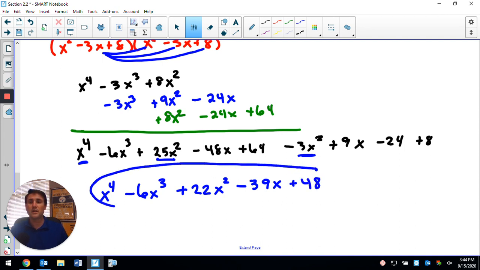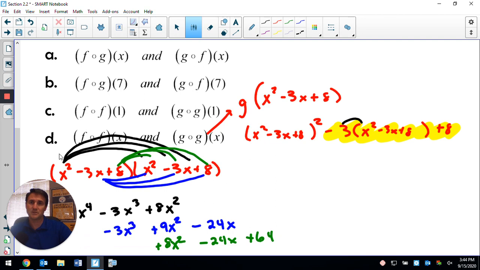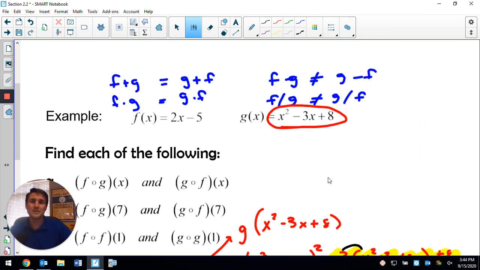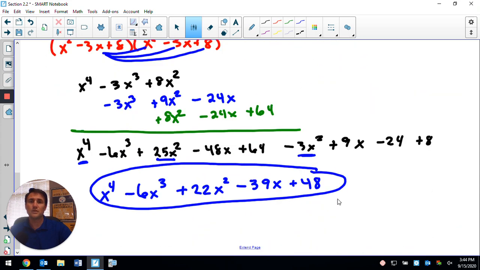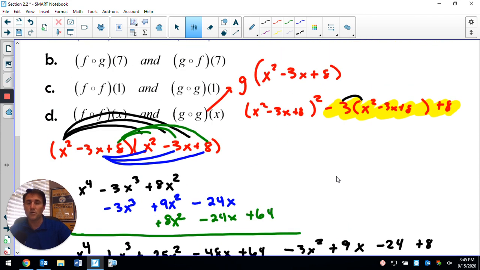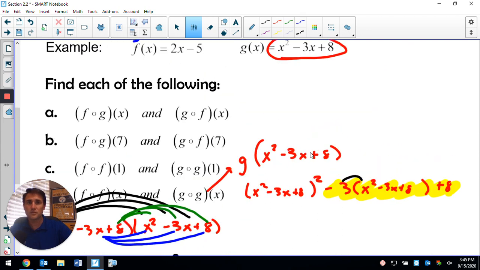Finally, we are done. I don't wish you to do that for any of your problems, but that's what that is. If you plug the g function into itself, you get something very large. Okay, hopefully this has been enough to show you how composition works.